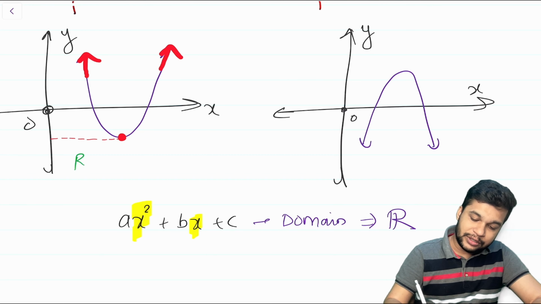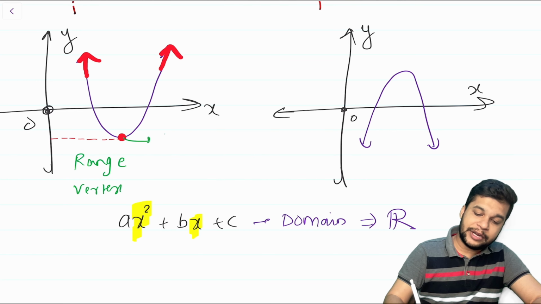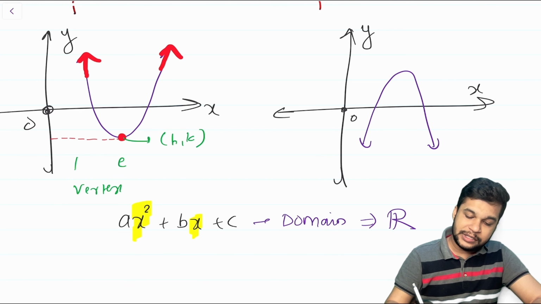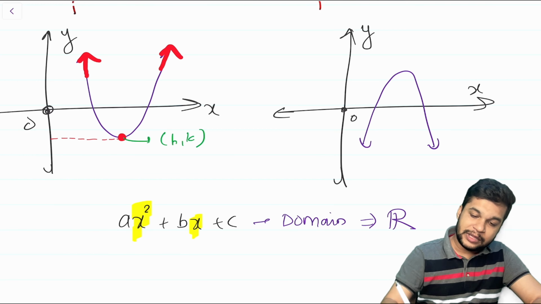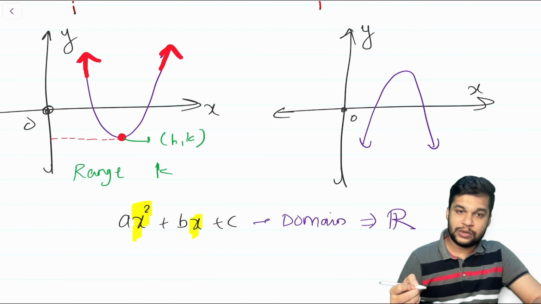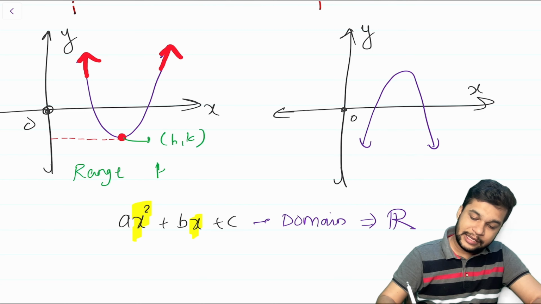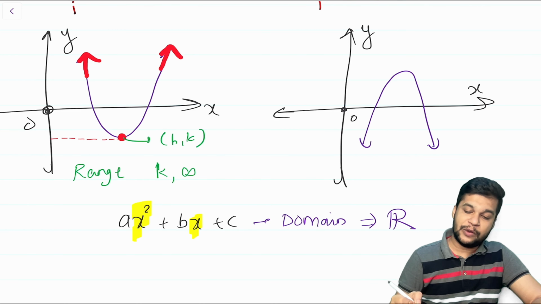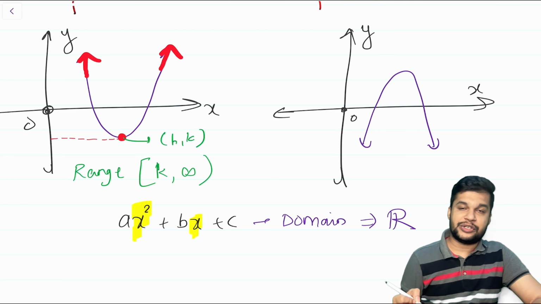The range here starts from the vertex point. Let's say the coordinates are h comma k. So what is the range, guys? k is the least value, the y-axis value, and the highest possible value is infinity. So this is your range.